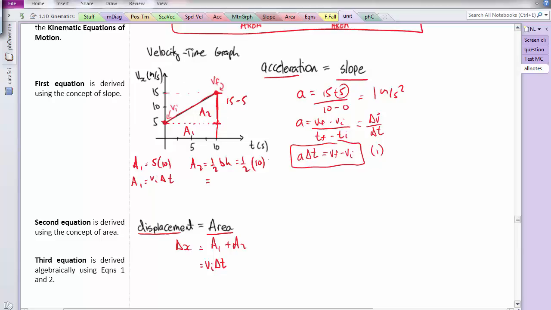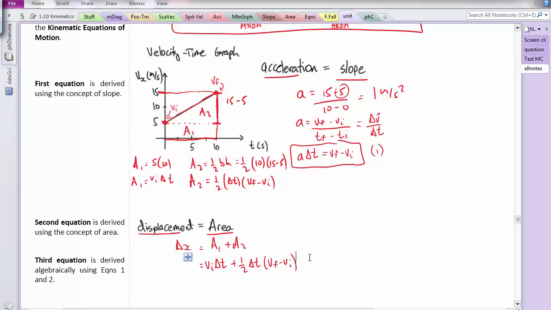How do we do this in letters? Area 2 is equal to 1/2, the base is our delta T, that's our change in time, and the height is 15 minus 5, which in terms of letters is VF minus VI. So area 2 is 1/2 delta T times VF minus VI.